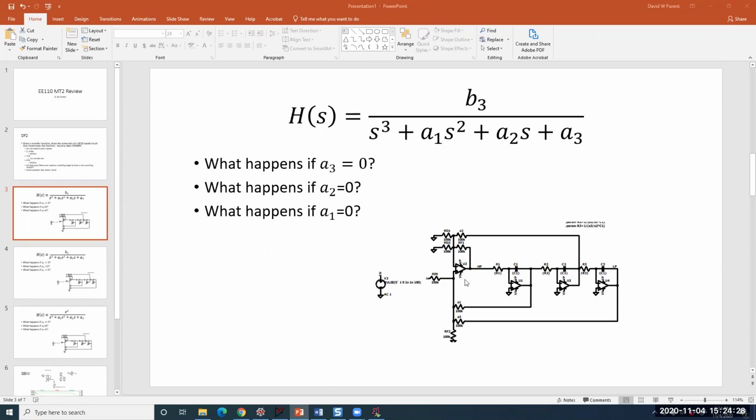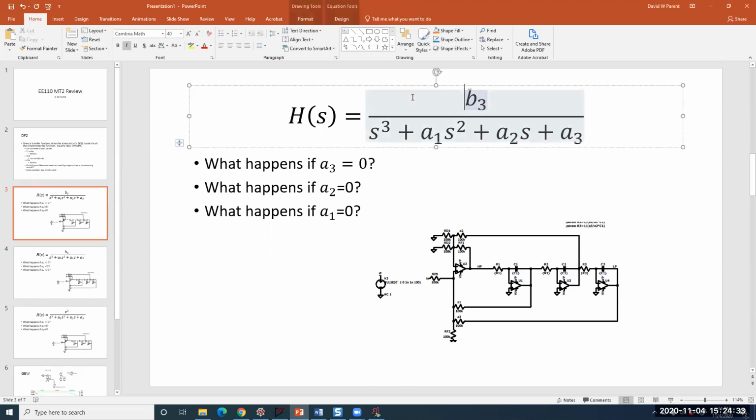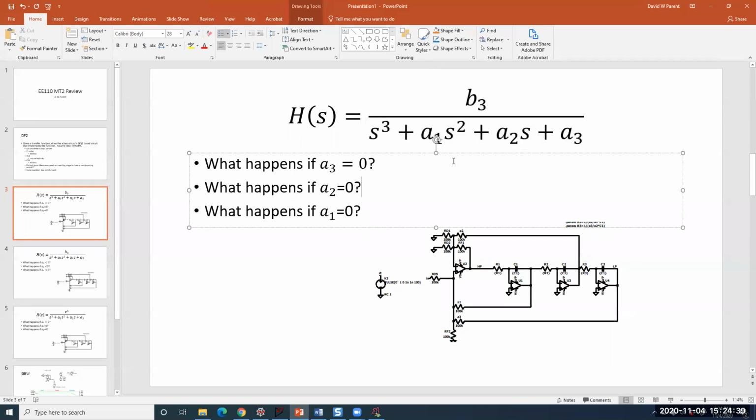So what would happen, right, if A3 were 0? Oops.